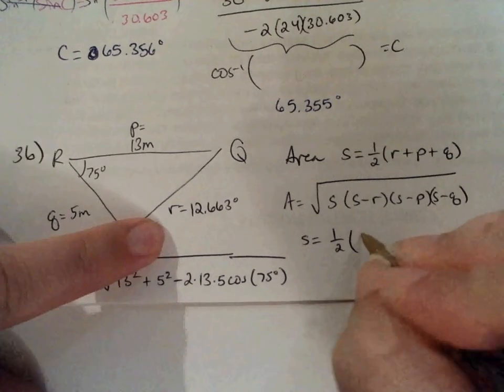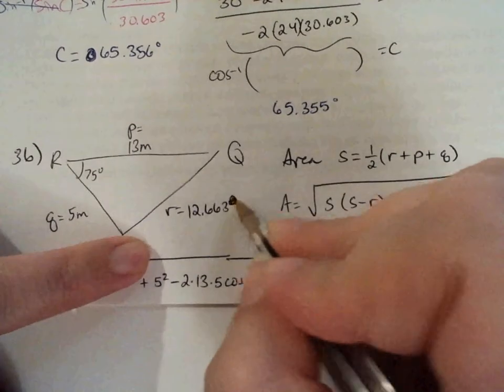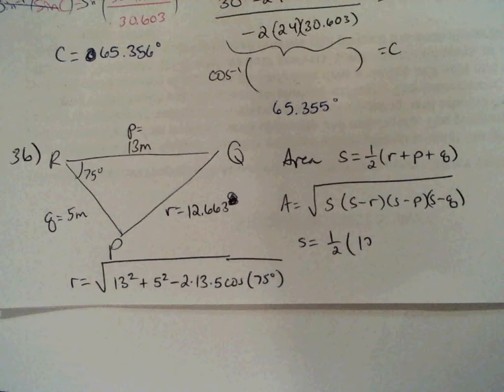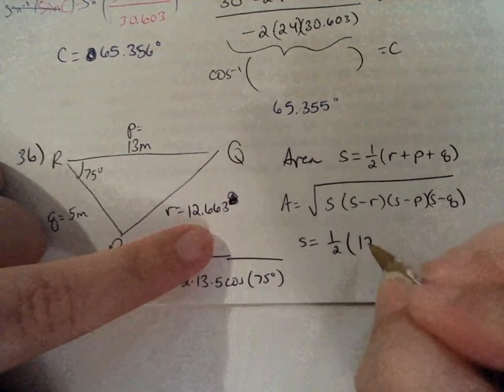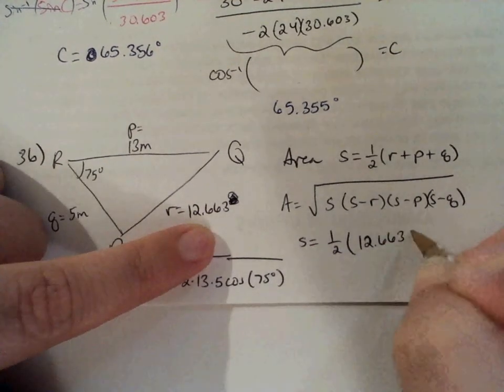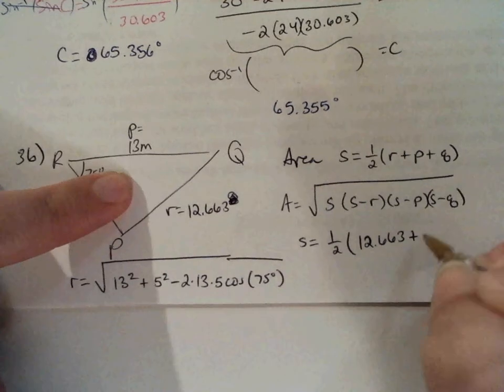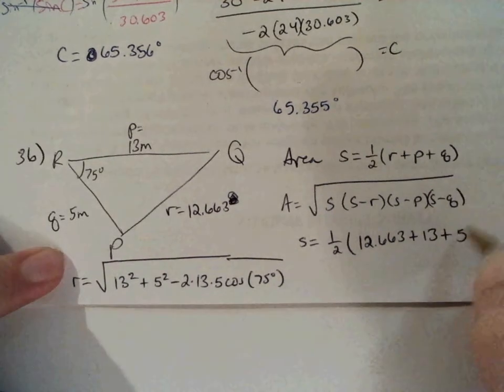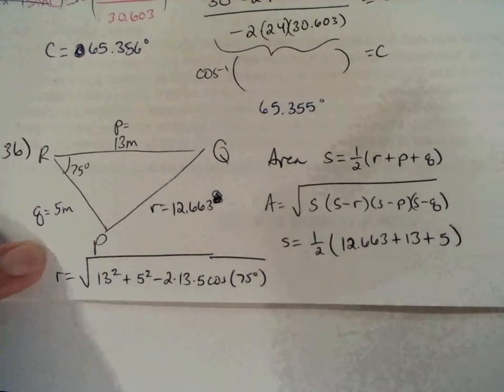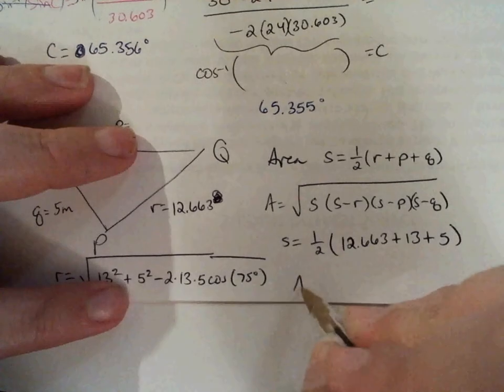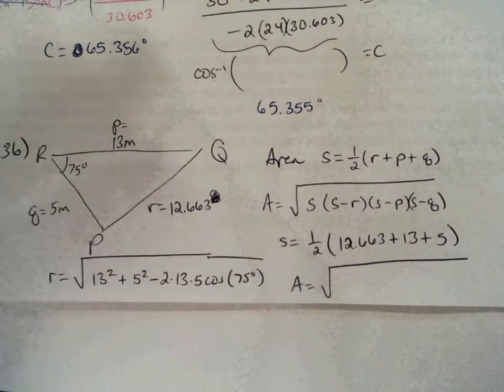So I'm going to find S. S equals 1/2 R. I just put degrees on the side length. That's terrible. Don't tell anybody that. 12.663 plus P, which is 13, plus Q, which is 5.